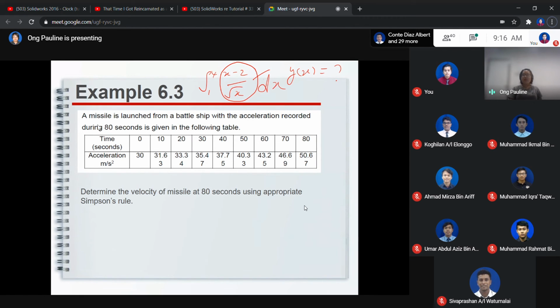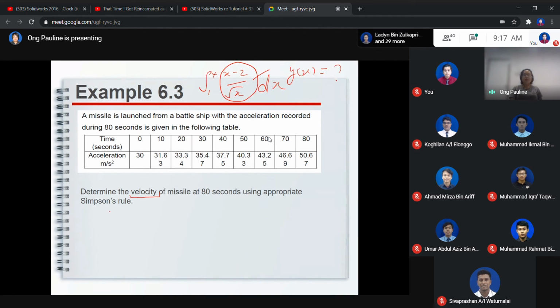Okay, and we have the recording of the acceleration from 0 to 80 seconds here. Okay, so let us look at what the question requested. Okay, so it wants us to find the velocity, okay, using the velocity at the 80 seconds using appropriate Simpson's rule.